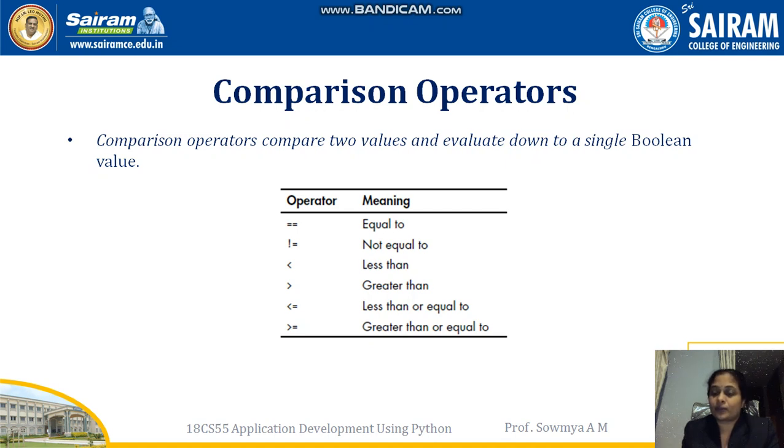If 2 equal to 3, then it is False. Not equal to: 2 is not equal to 3, yes, it is correct. 2 less than 3, yes. 2 greater than 3, False. 2 less than or equal to 3, no. 2 greater than or equal to 3, no. This is how your comparison operators work.